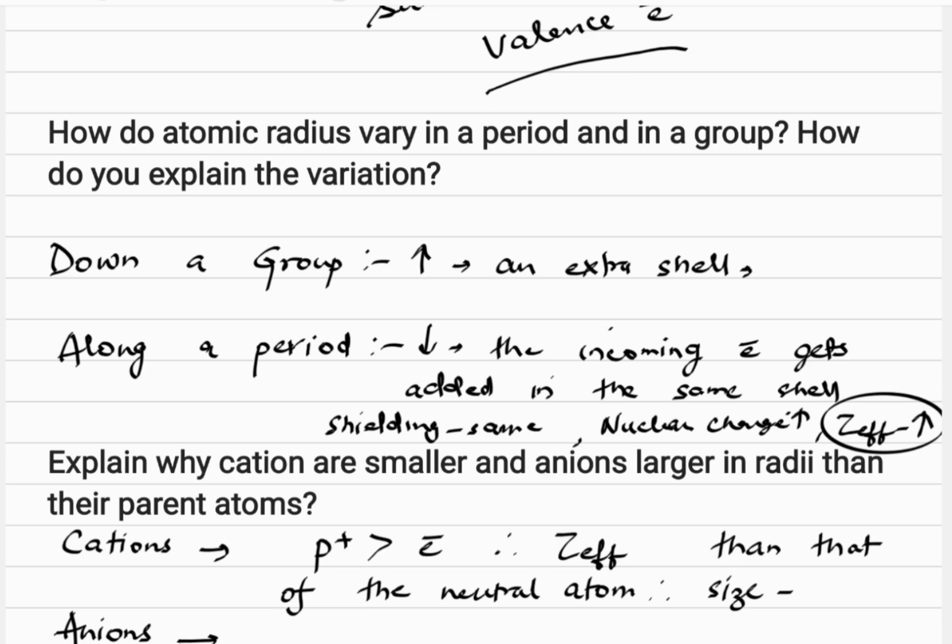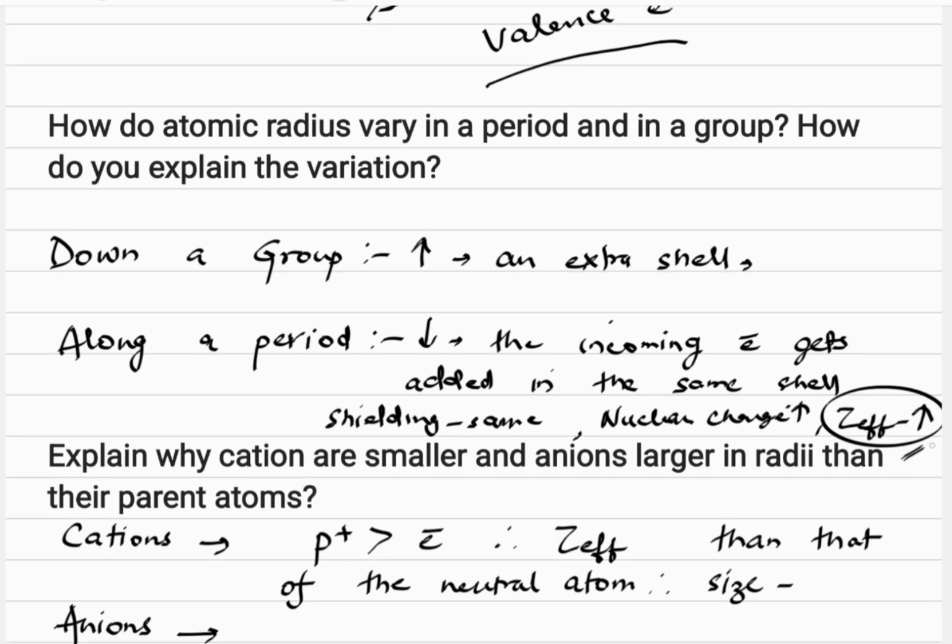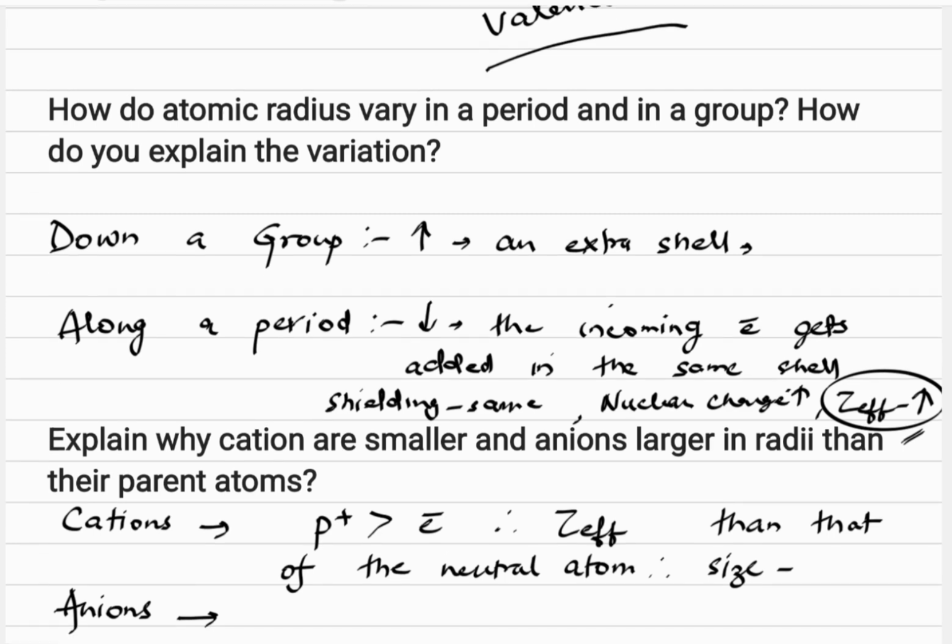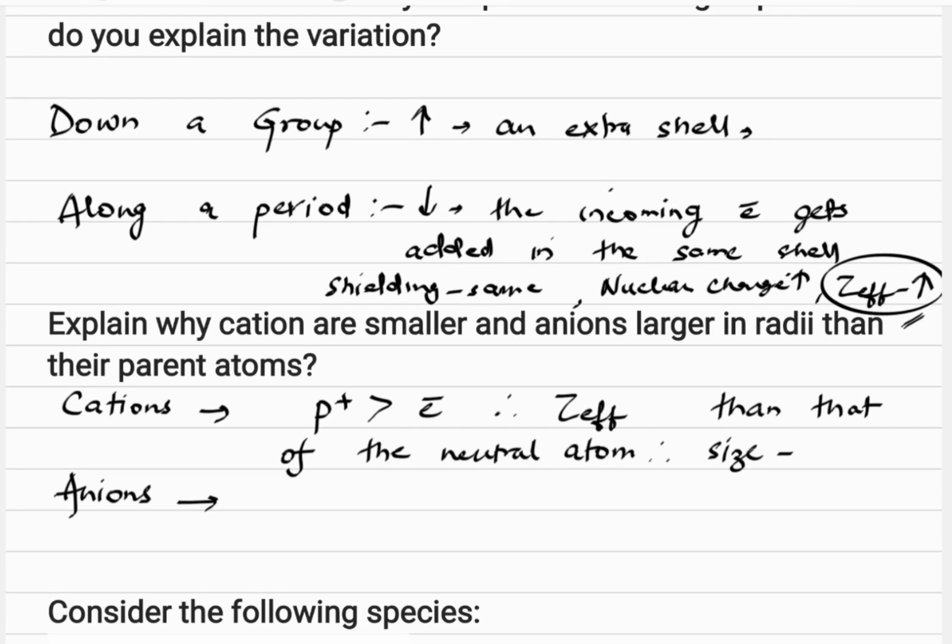That is how you explain. Basically, the ultimate thing that needs to be told is Z effective. Z effective increases as we go from left to right in a period, and therefore atomic radius shrinks.